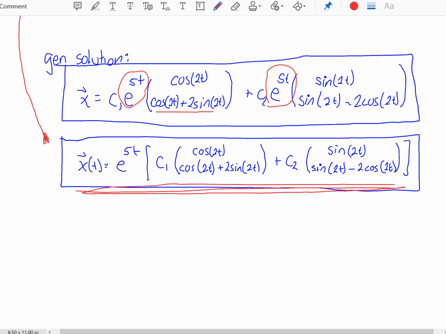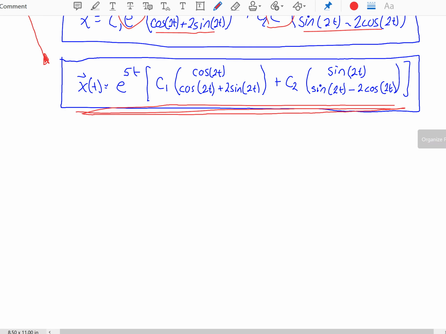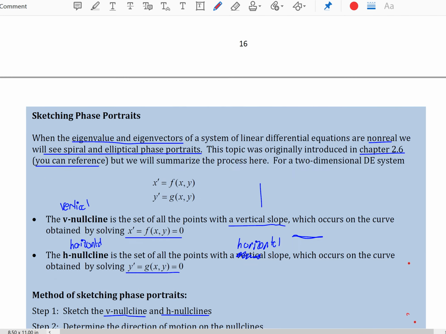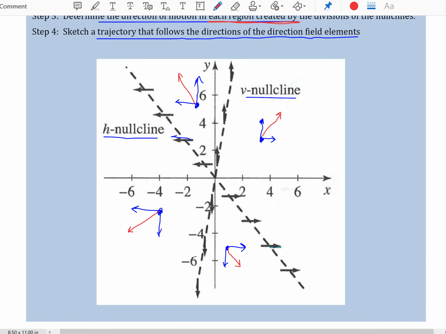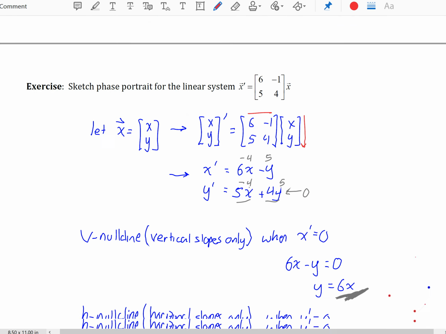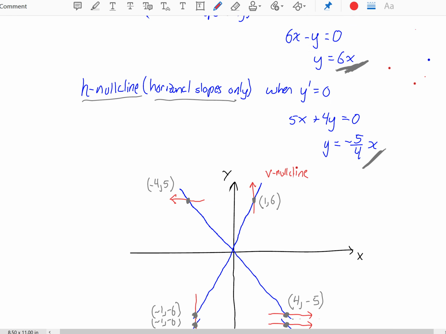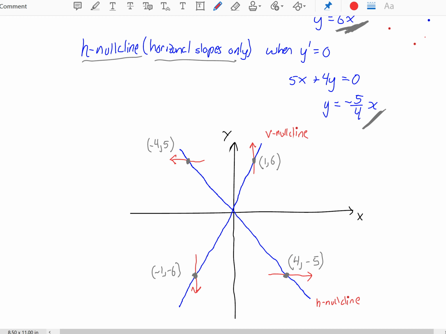And the trigonometric quantities tell me that there's going to be a cyclic pattern. So you have a cyclic pattern that increases in value over time. So in our phase portrait, we should expect to see spirals that increase in size, move further from the origin, and follow the directions of these nullclines.